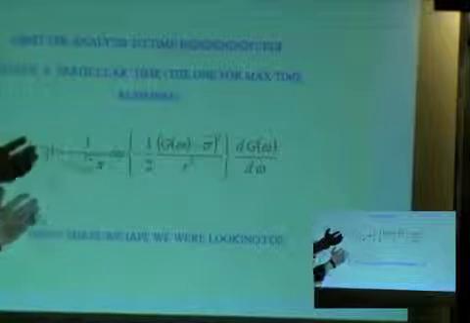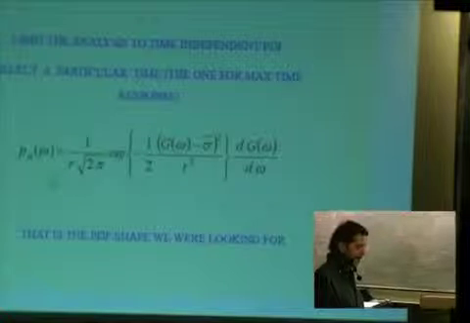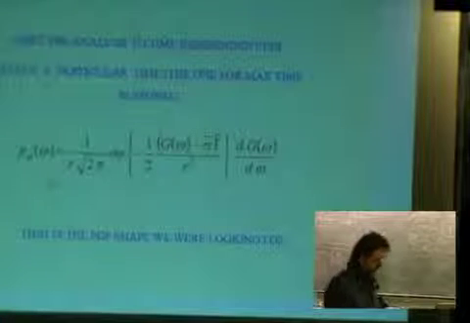So g omega depends on the special mechanical properties of the system. Of the global system, of the complete system. So it is a global property, say a collective property of the environment.